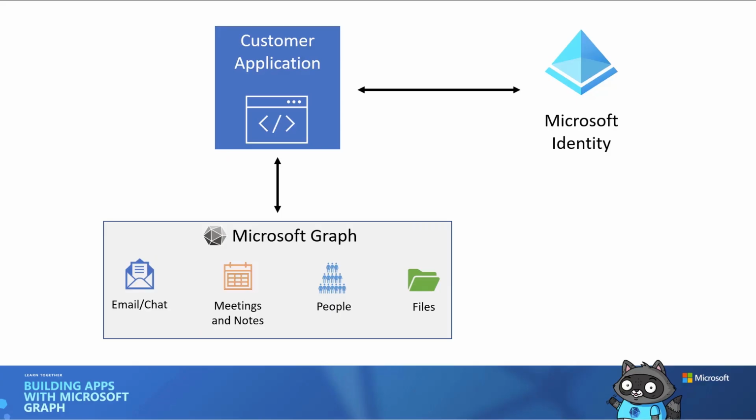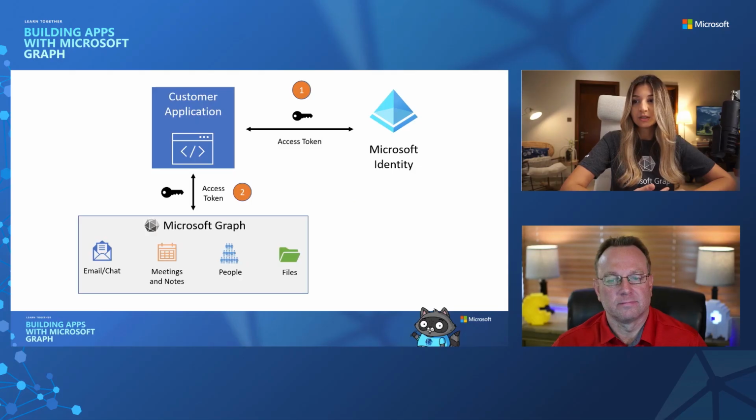So in our application, our user asks for an access token from Microsoft Identity. When the user gets the access token from Azure Active Directory, then we can call Microsoft Graph using the access token. Basically, we are using the access token as a proof of the user, so we know that that's the right user for us. And then we bring the user's events. So does it make sense?